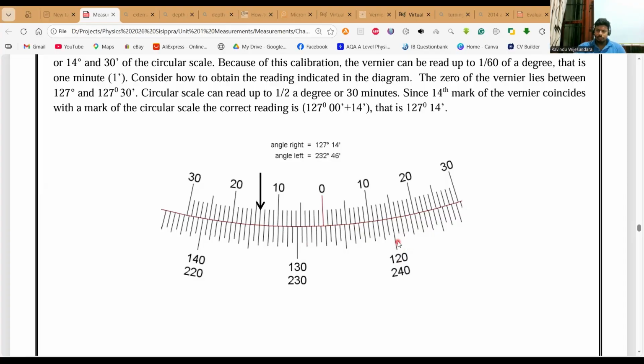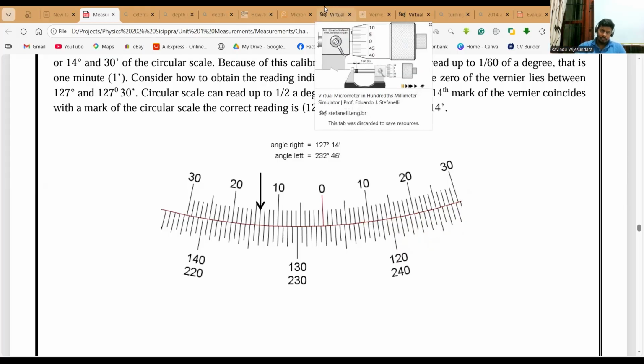Therefore this is 119.5, 19, 18.5, 18, and that is how the reading is read, because we have marked it in half-degree angles. So 29 half degrees are divided into 30. That is what they have done.